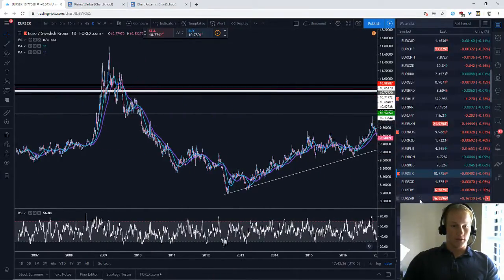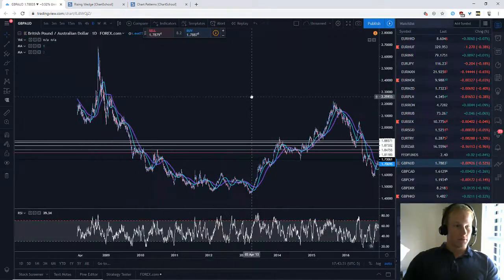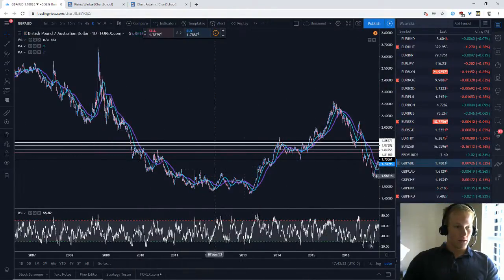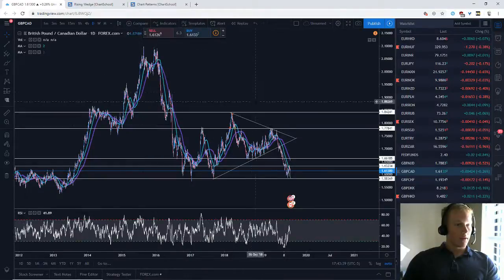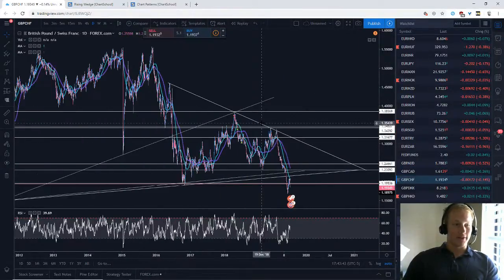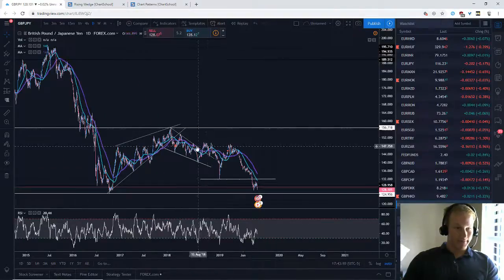Good Lord. There's got to be a falling wedge somewhere. I could go down to a 5-minute and just find one, but I don't feel like it. This is just dumb.